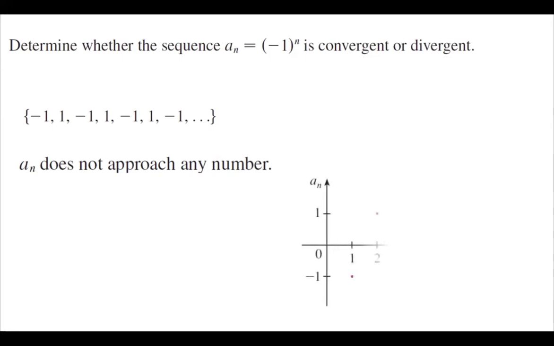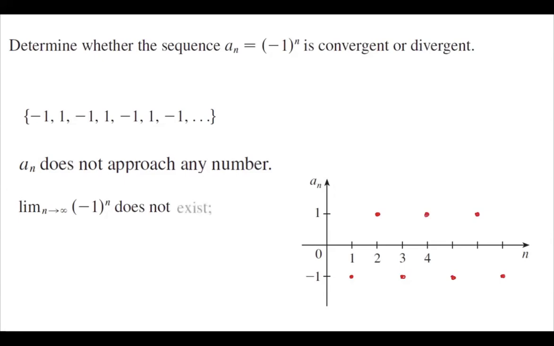If you look at the behavior of this sequence, when n is equal to 1, you get -1, and it jumps up to 1, jumps down to -1, jumps up to 1, jumps down to -1, and so on. The limit of -1 to power n when n goes to infinity doesn't exist.